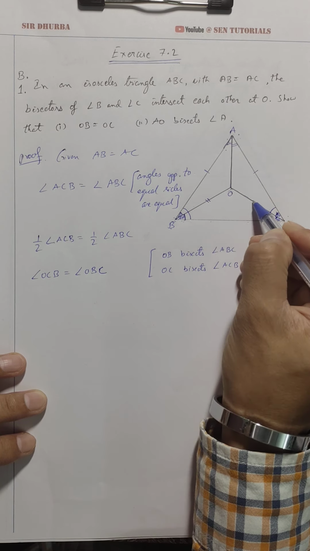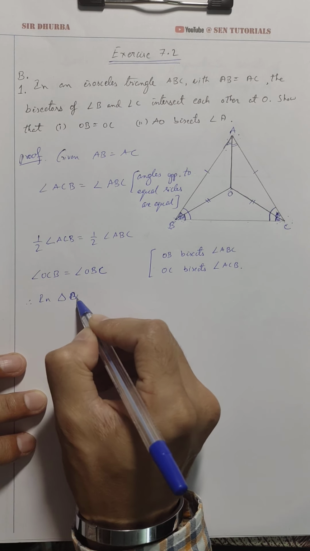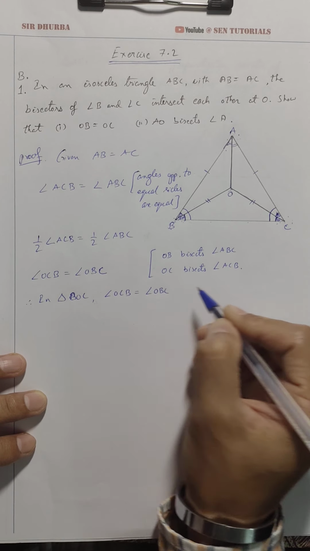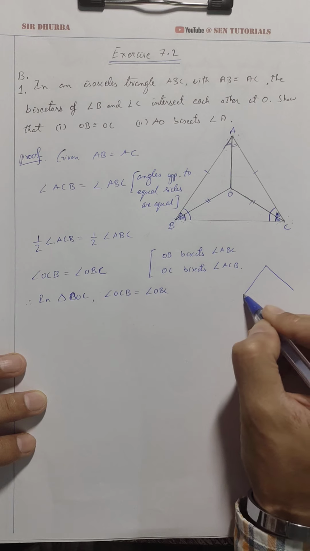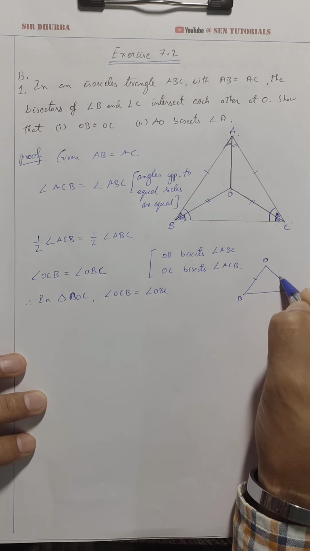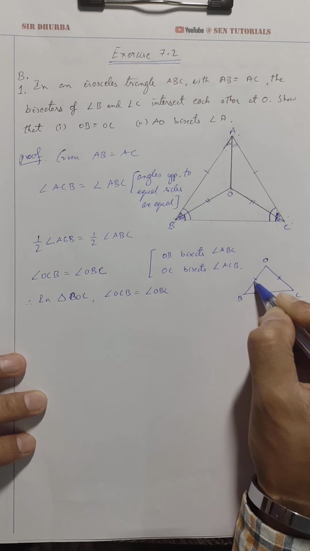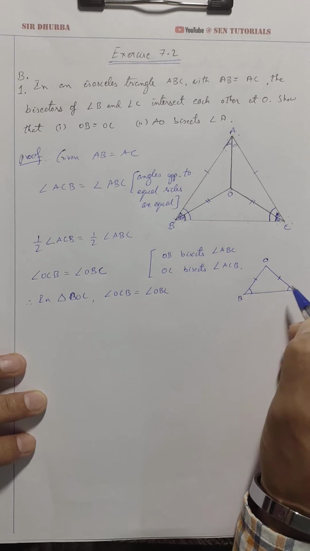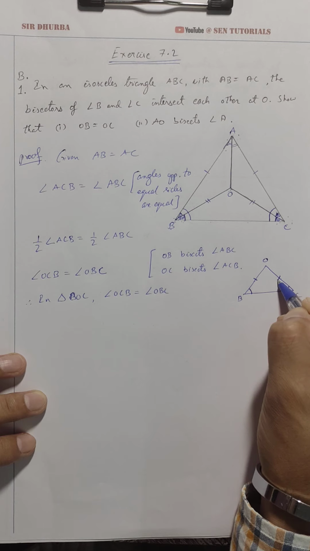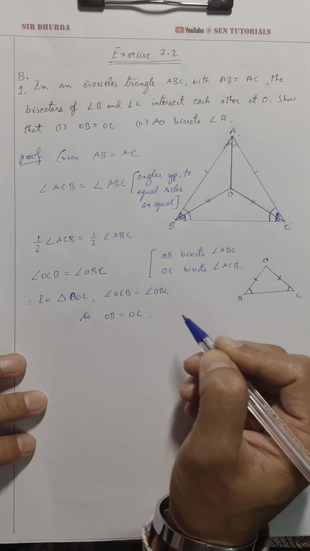That means in triangle BOC, angle OCB is equal to angle OBC. If I draw that smaller triangle, we get that OB is equal to OC. If two angles are equal, then their opposite sides become equal.